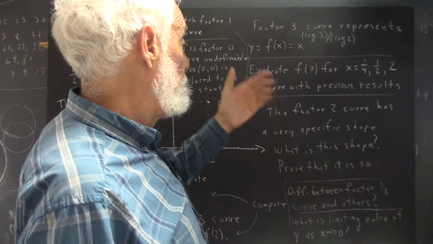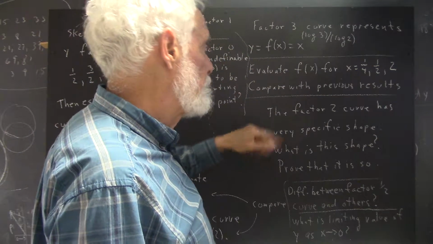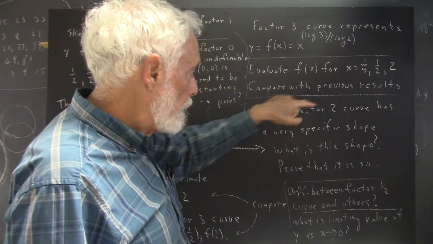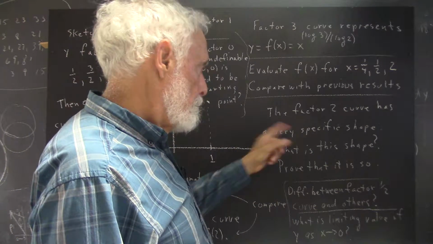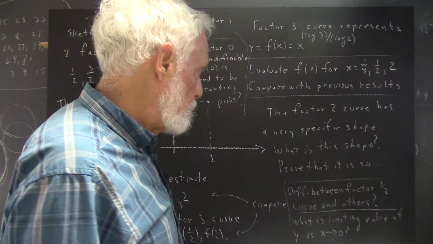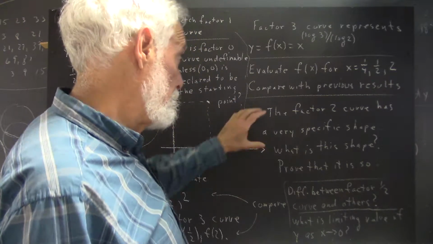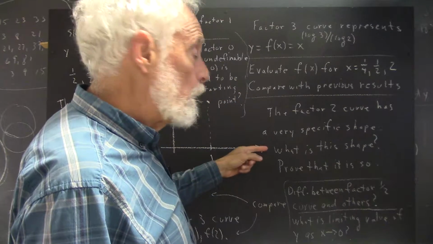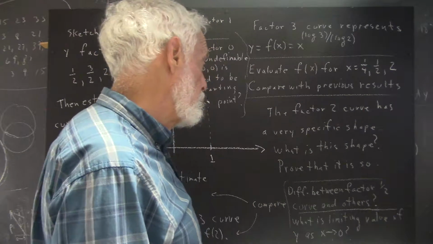Then your factor 2 curve has a very specific shape. Now, this is not related to what went before. It's a new question. When you drew it, you probably saw what the shape would be, and you maybe saw why the shape would be what it is, because it becomes apparent as you construct the curve. So what is the shape of the factor 2 curve?